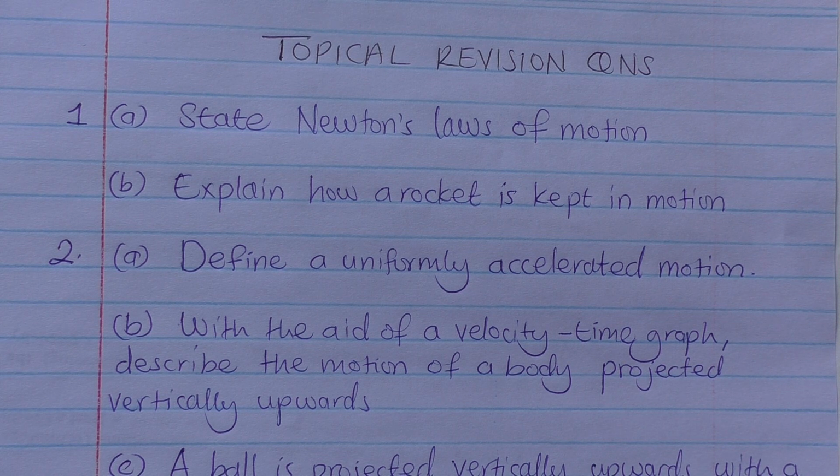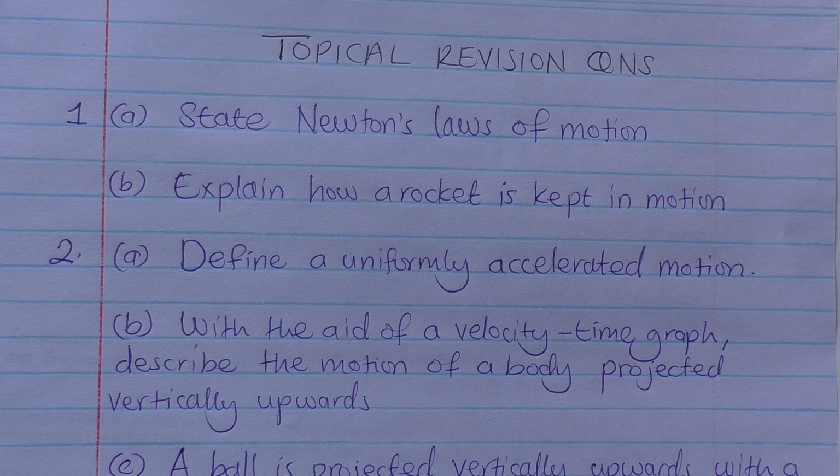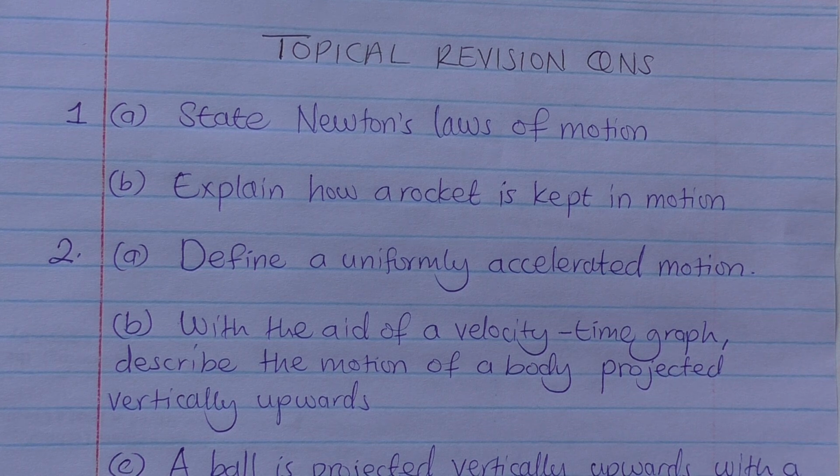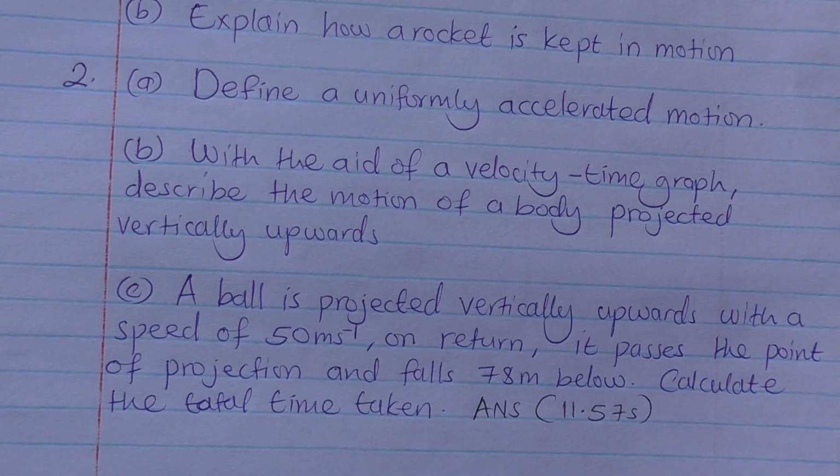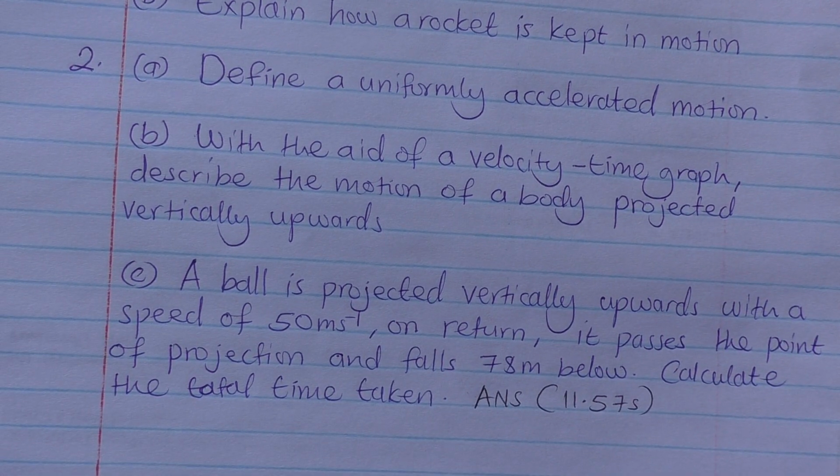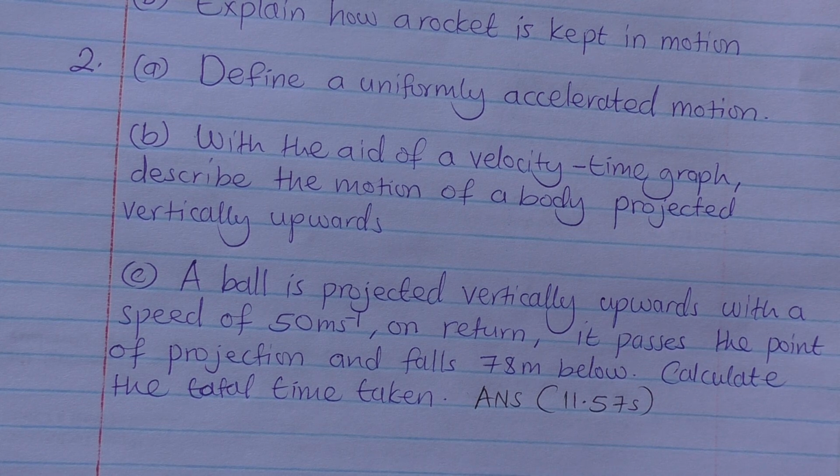Number 2, part A, they want us to define a uniformly accelerated motion. We looked at that in our first lesson. And part B is asking us to describe the motion of a body projected vertically upward with the aid of a velocity time graph.